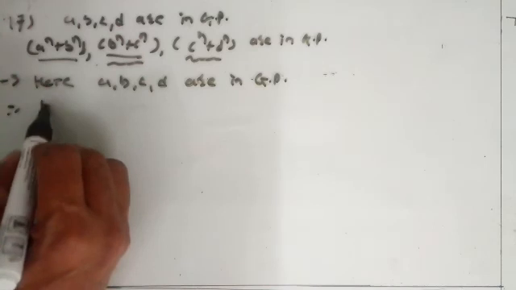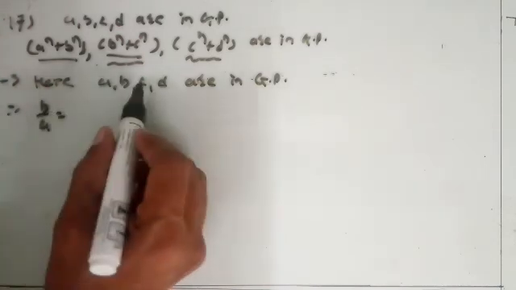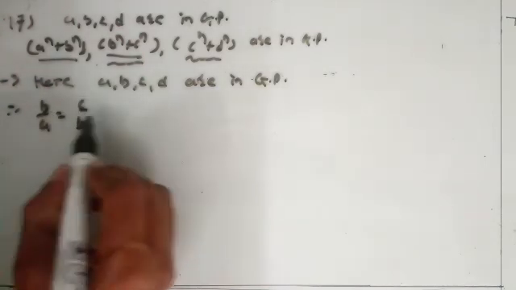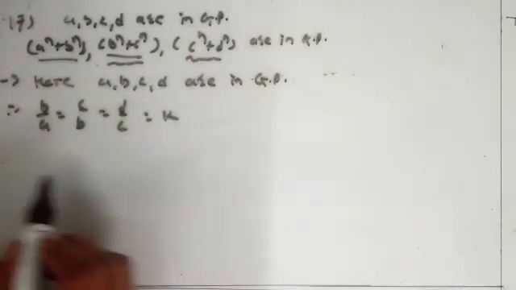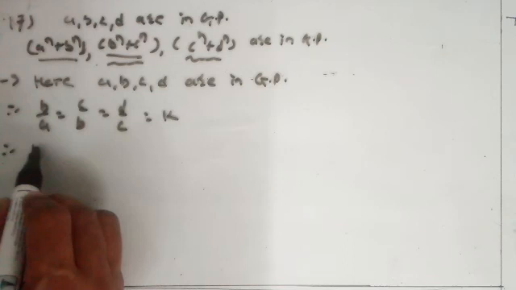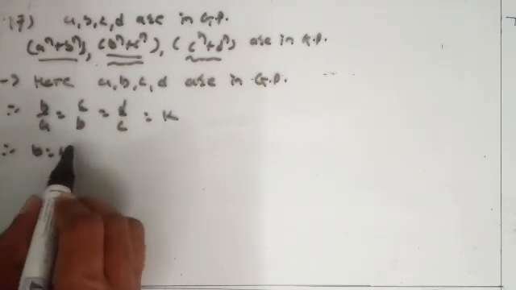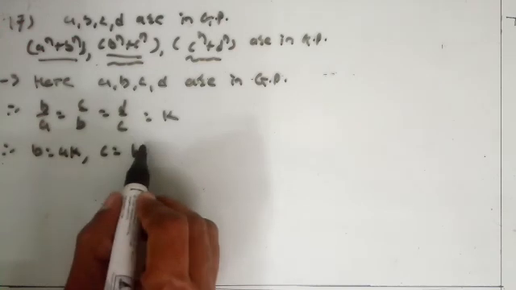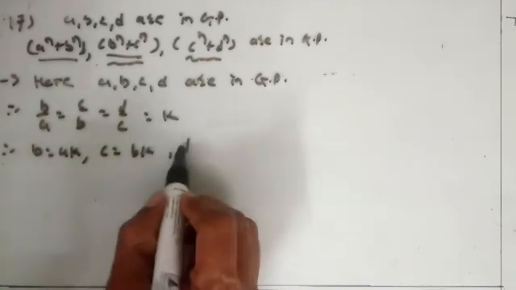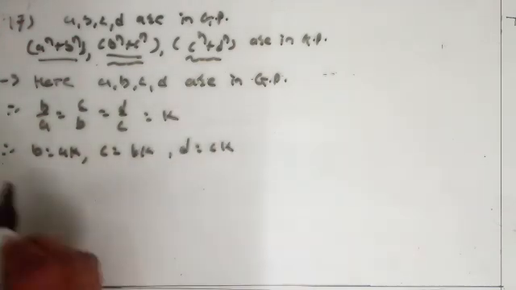Therefore, b upon a is equal to c upon b is equal to d upon c is equal to say k. Therefore, b is equal to ak, c is equal to bk, d is equal to ck.